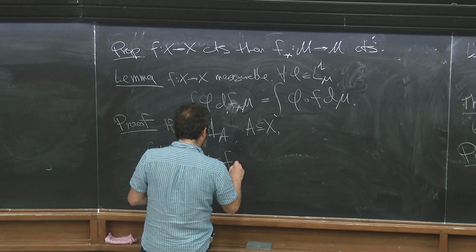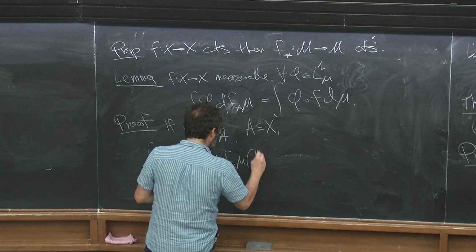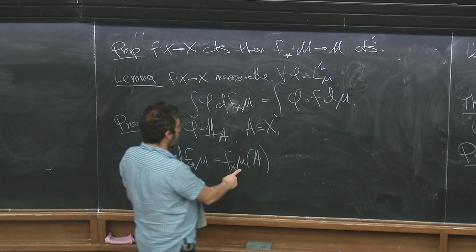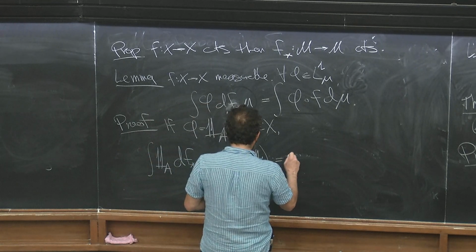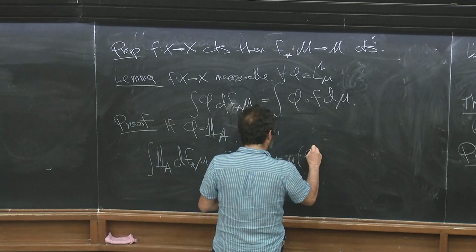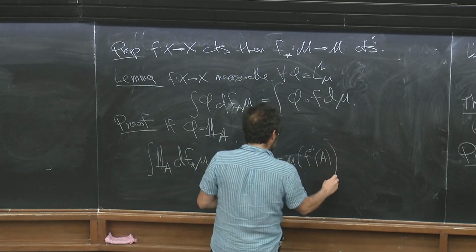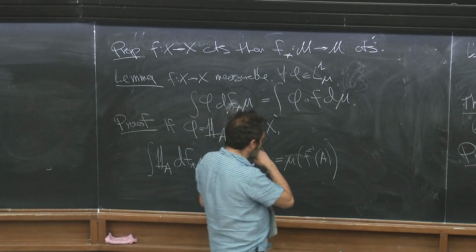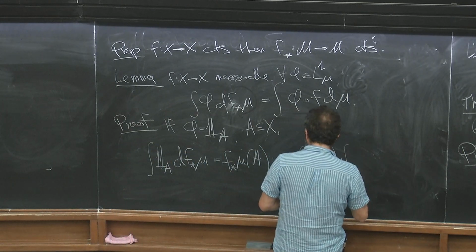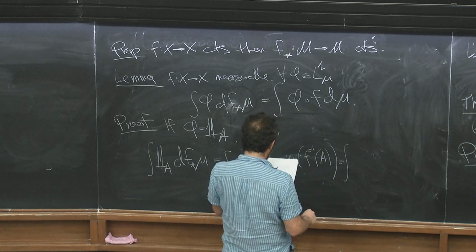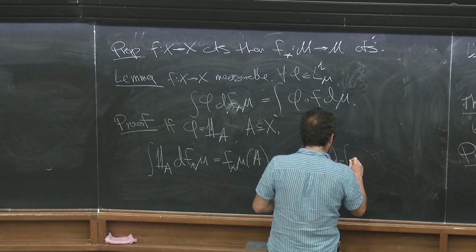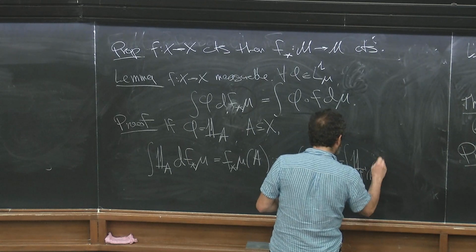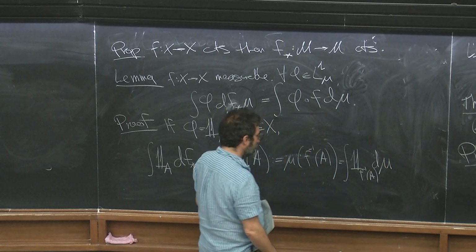So this is exactly equal to f star of mu of A. And f star of mu of A, by definition, is equal to mu of f minus 1 of A, right? And mu of f minus 1 of A, we can write again as an integral of the characteristic function of the set f minus 1 of A, with respect to the measure mu.